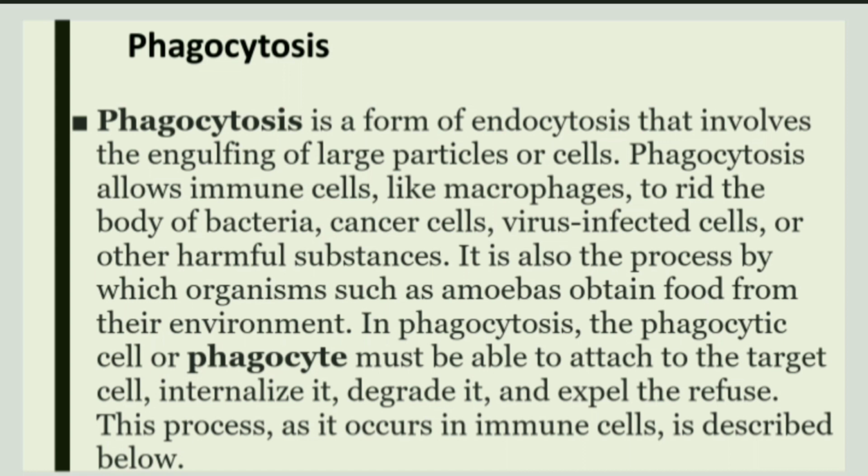A cell takes in large particles through phagocytosis, and hence we can call it cell eating. Phagocytosis takes in large particles and even microorganisms like bacteria, virus, and even harmful substances.